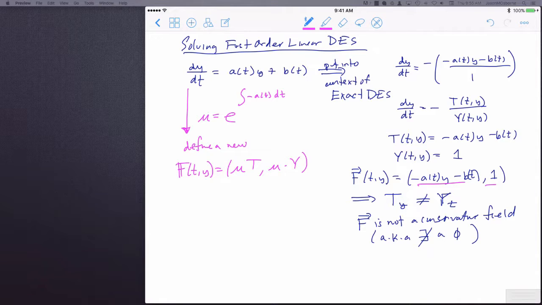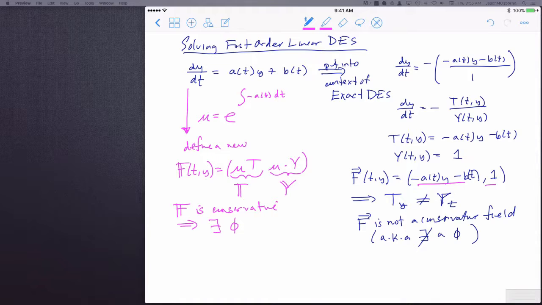Okay, so we showed here that this would become a new function T, and this would become a new function Y. And then this vector field F, boldface F, is conservative, which implies that there does exist a potential function.